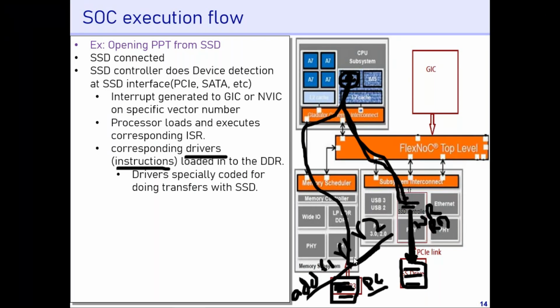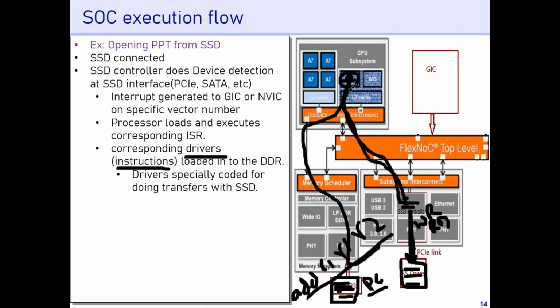Here R1 and R2 refer to the general purpose registers present inside the A15. There is a category of instructions called load and store instructions. Load is for loading the register. Store is for storing the content of a register into the memory. Those two instructions will invoke transactions to the memory.